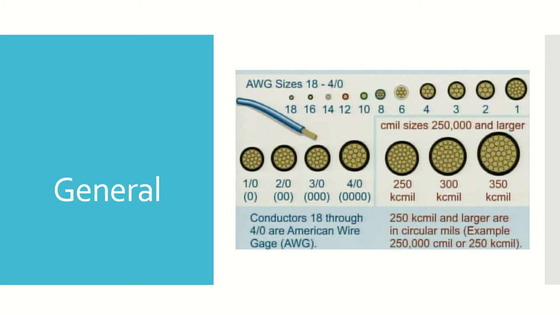Each table is different because heat from the conductor will be dissipated differently depending on the installation method. So the first thing I want you guys to do is, why don't you flip in your code book to table 310.15(B)(16).